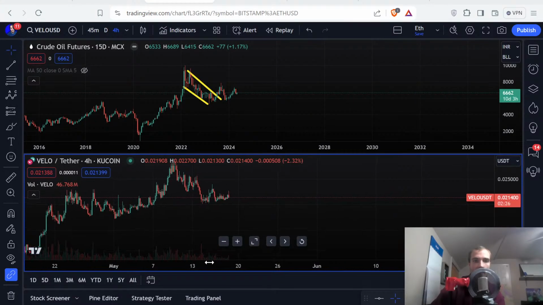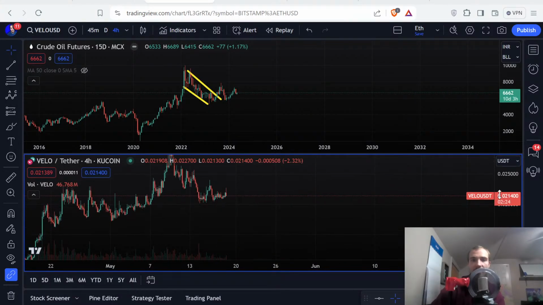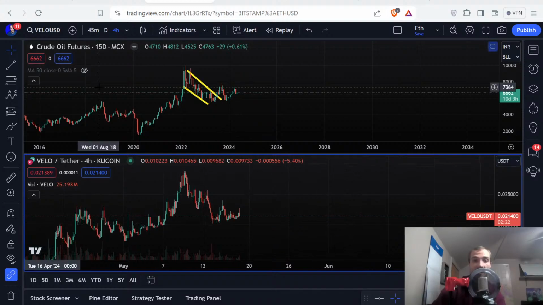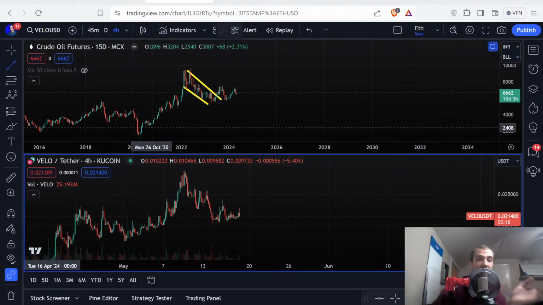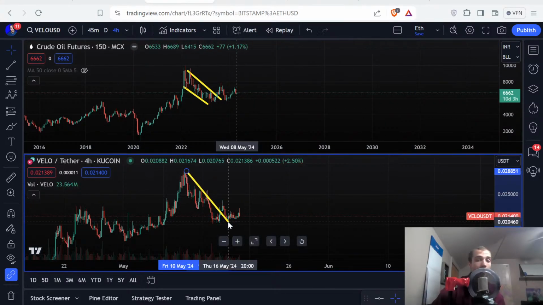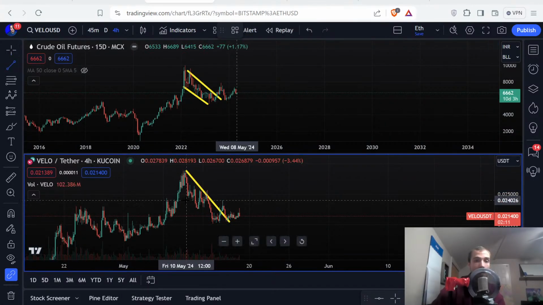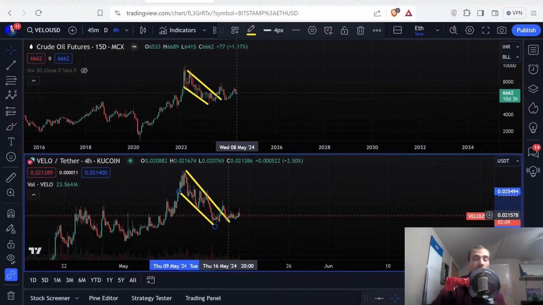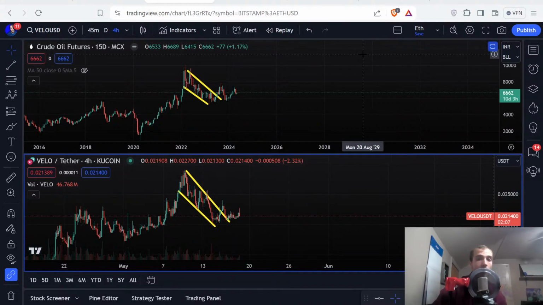All right, and we compare these two charts, you're going to see something really crazy here. You're going to see that, guess what? The same human psychology is playing out, just in a different time frame, right? Markets are fractal, the microcosm and the macrocosm. This is a true principle found throughout nature, but it's also found in these markets as well.